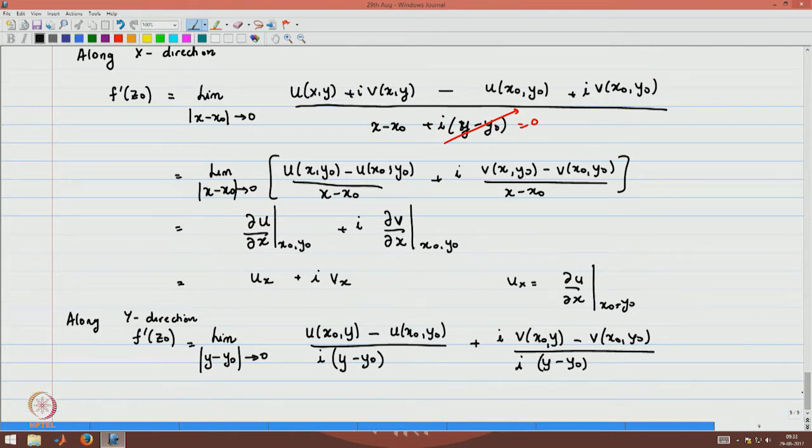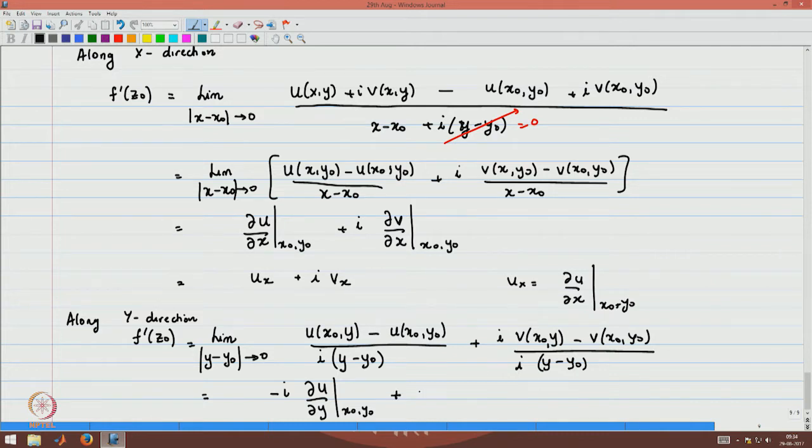Okay. Now, what you see is that this is equal to, so 1 over i is minus i. So, I will write this as minus i dou u by dou y evaluated at x 0 y 0, and in this case the i's will cancel.